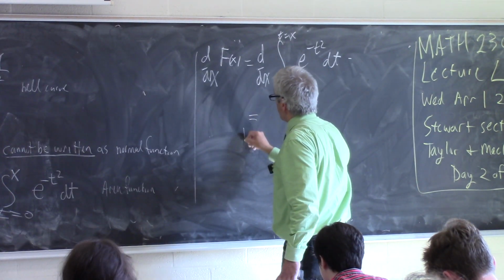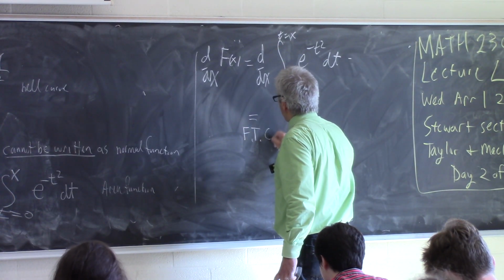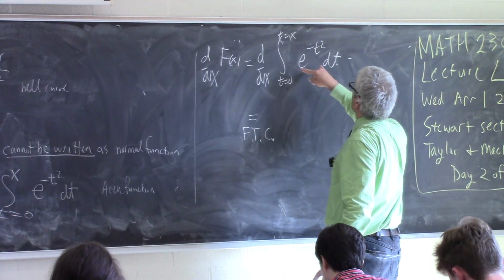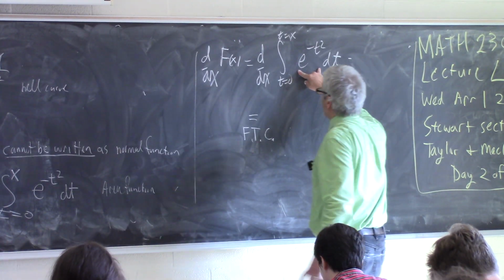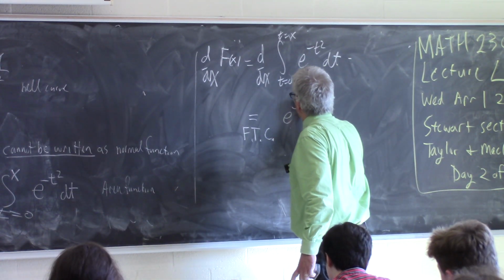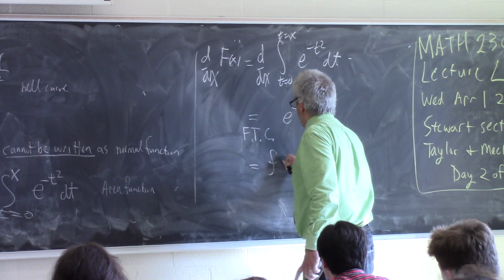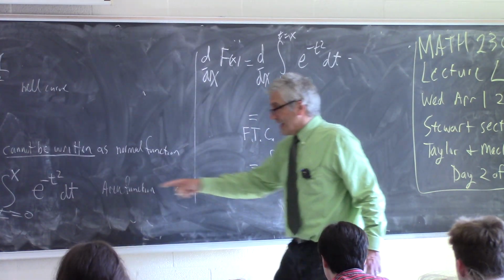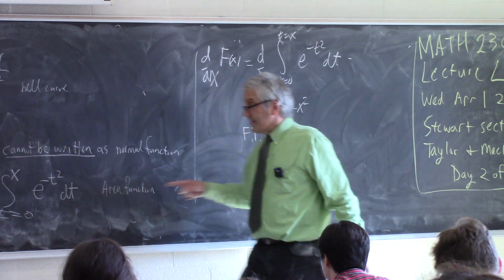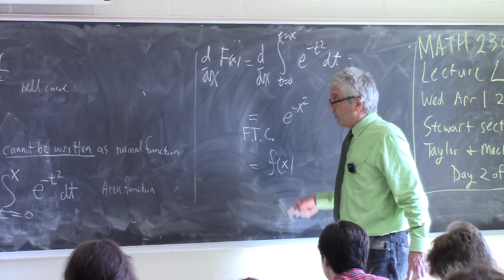You use the fundamental theorem of calculus. It says just pull out the integrand and change the variable to x. So that capital F, this wacky thing, really is an antiderivative of that bell curve.